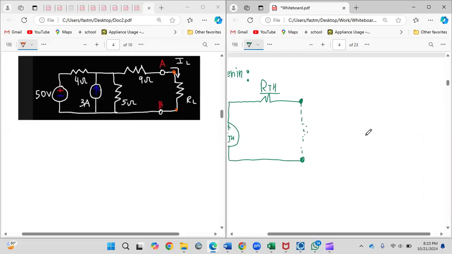Alright, and Norton is the opposite. In Norton, you have a current source, which is I Norton, or I capital N. But in this case, your R Thevenin, instead of being in series, is in parallel, and then you have your load points connected here.